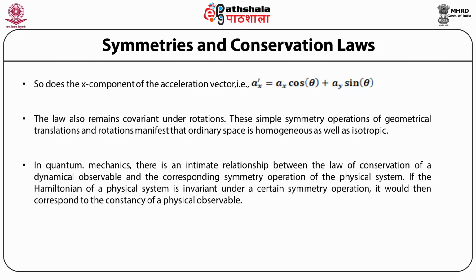We can see this through an example also. Suppose we take the Hamiltonian of a physical system and say that the Hamiltonian is invariant under a certain symmetry operation, then it would correspond to the constancy of a physical observable. The symmetries may be broadly categorized in two groups.